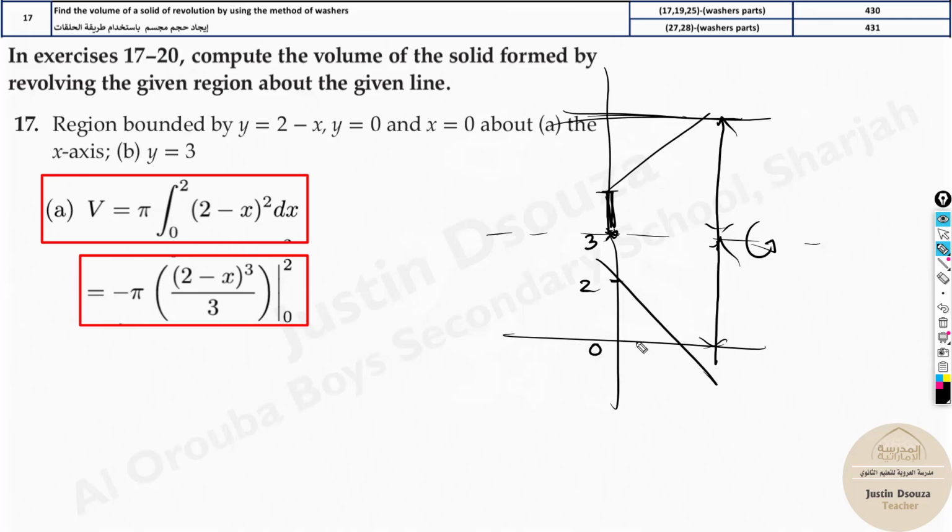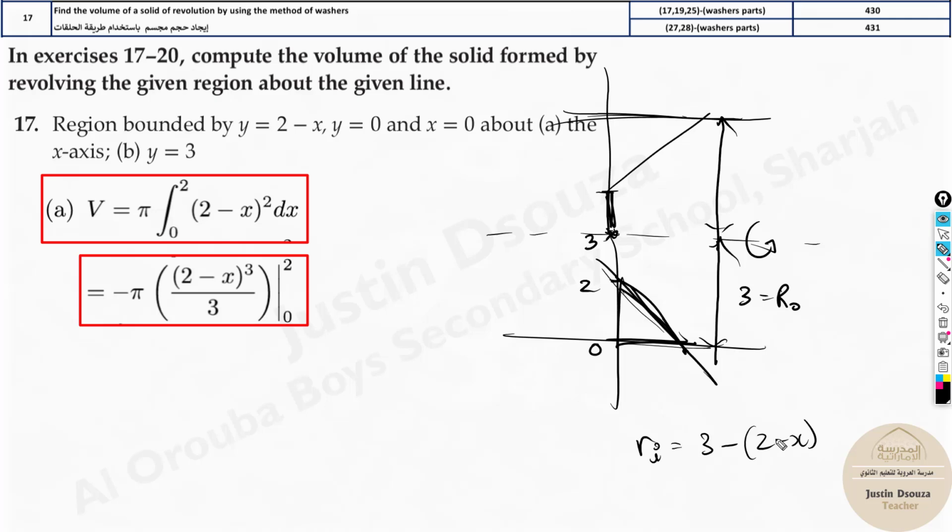Because you know it starts at 0 and 3, so the outer radius is 3. What about the inner radius? Inner radius is also 3 minus this equation. Why? Because it's inside, right? 3 minus what we are revolving. So the inner radius, small letter r i, is 3 minus, what is that?